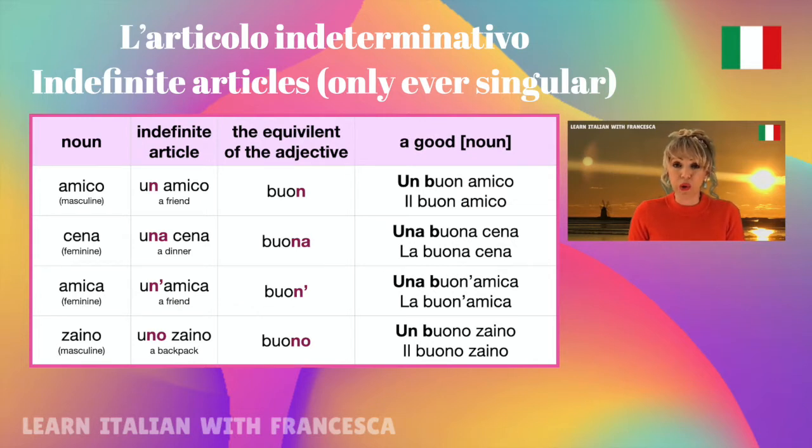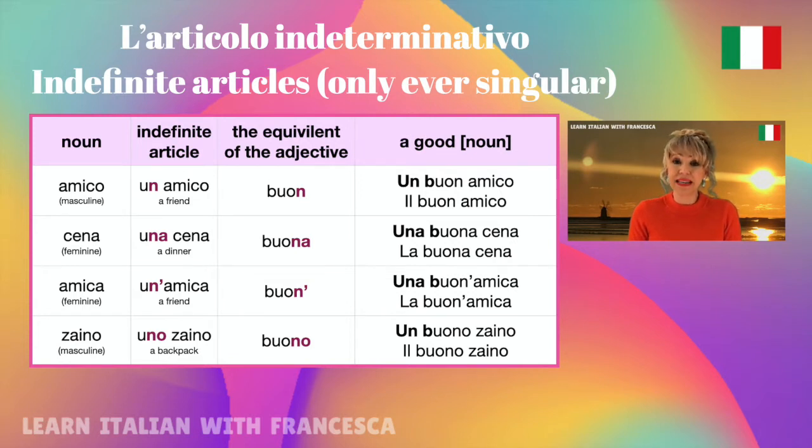Let's take a closer look. Amico. Masculine singular beginning with a vowel. So we would say un amico. The equivalent in the buono would be buon amico. So to say a good friend, you would say un buon amico.